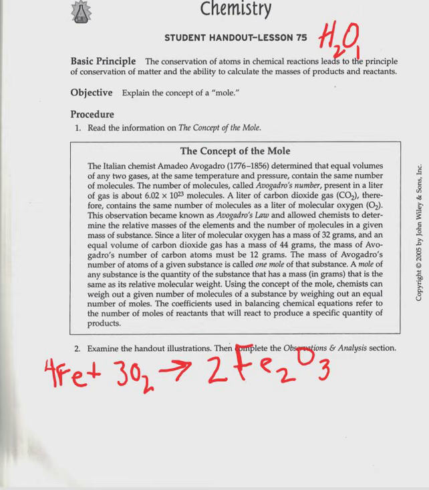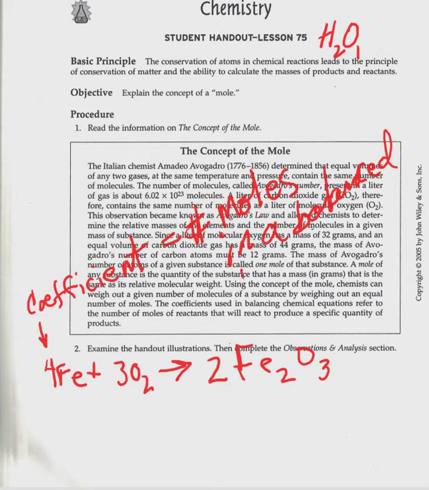What we're saying is that the coefficient is equal to the number of moles in a balanced chemical equation.